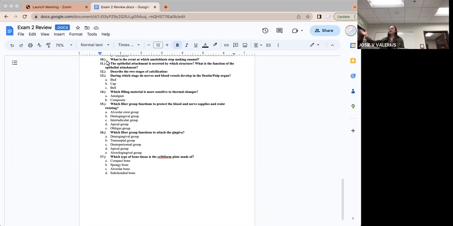So it reaches the outer enamel epithelium, then the ameloblasts and the outer enamel epithelium fuse together to form one layer, and that's the reduced enamel epithelium. And that is what secretes the epithelial attachment. Now in the story, you have the reduced enamel epithelium on the outside of the tooth.